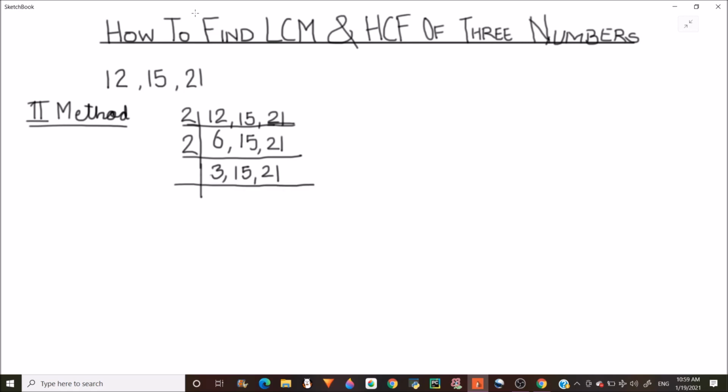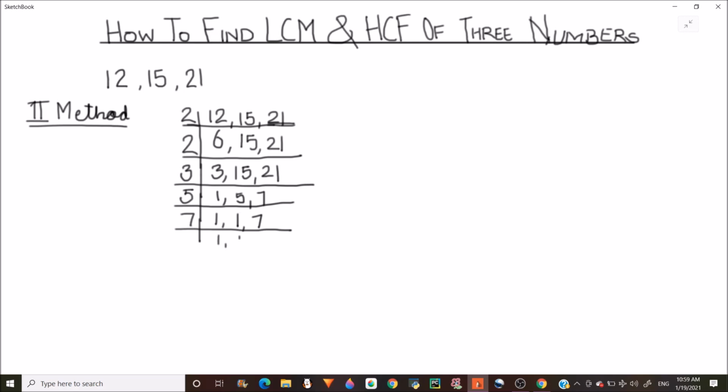All the 3 numbers are odd, so we'll take 3 as the divisor. So 3 times 1, 3 times 5, and 3 times 7. Now we'll take 5. So this will be 1, 5 times 1, and 7 is not divisible, so we'll write 7 as is. Now the next number is 7.